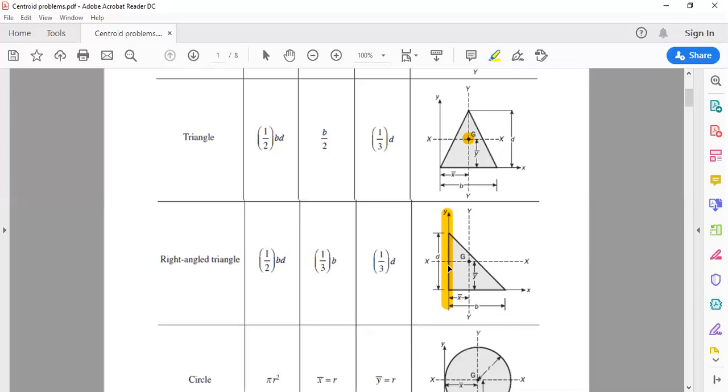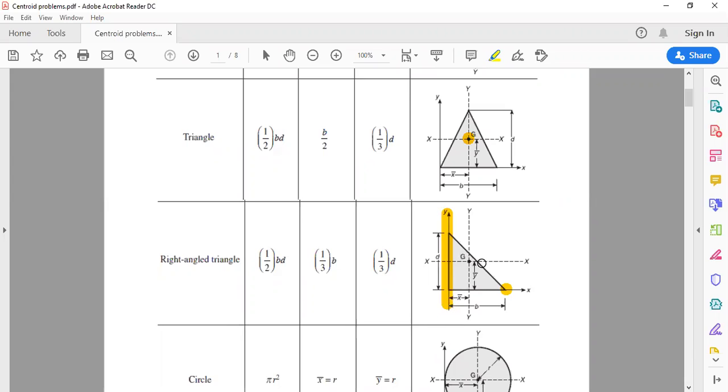Now, from the y-axis, the distance of the centroid. If you happen to see, this y-axis is lying on the base of the triangle. So this pointed edge becomes the apex. Since this is the apex, this becomes the base of the triangle. Now the distance of the centroid from the base is always 1/3. 1/3 of what? 1/3 of the distance.